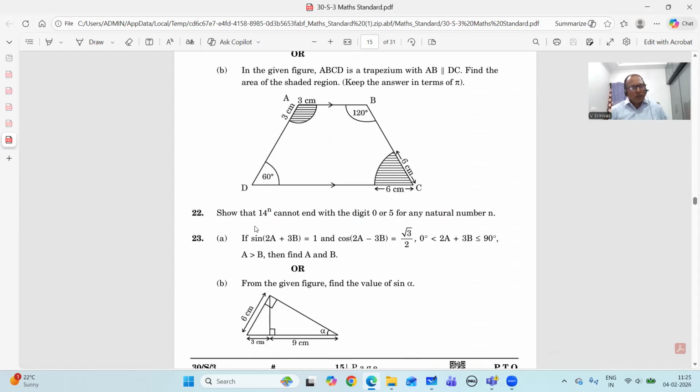But 14 is divisible by 1, 2, 7, and 14 only. 5 cannot divide 14. 5 is a prime number and it is not present in the prime factorization of 14. Therefore, 5 cannot divide 14, and hence it cannot divide 14 power n, and hence 14 power n does not end with 5. That is the argument we give. So let's give the working.